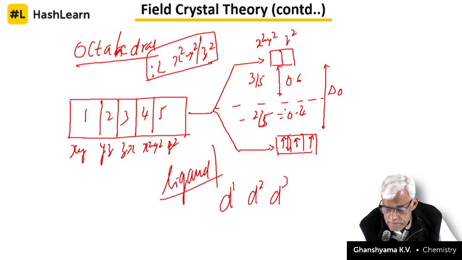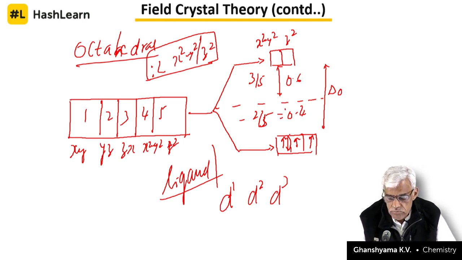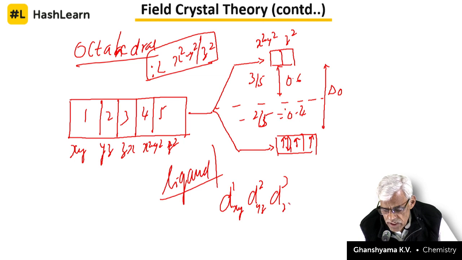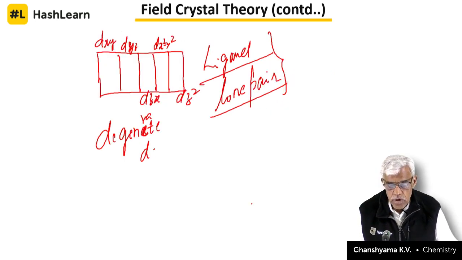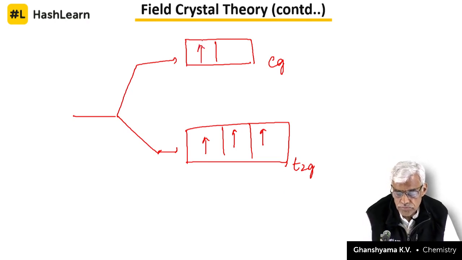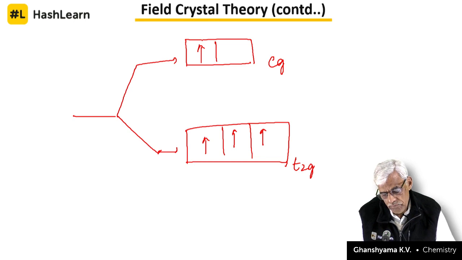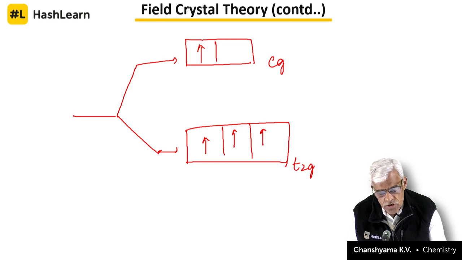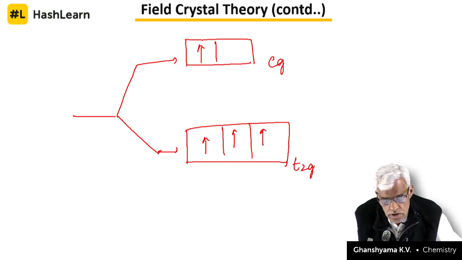Now it may be like this: d1 is in xy, d2 is in yz, d3 is in zx, and d4 is also added on to xy. There will be pairing. Or it may go to this level, eg. The 4th electron can occupy the lower energy level or can occupy eg, that is dx square minus y square.